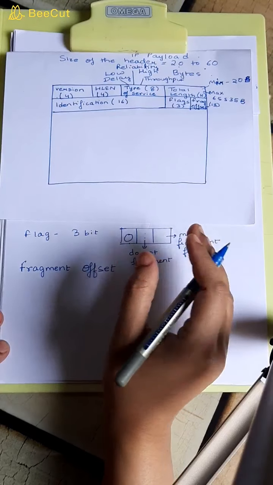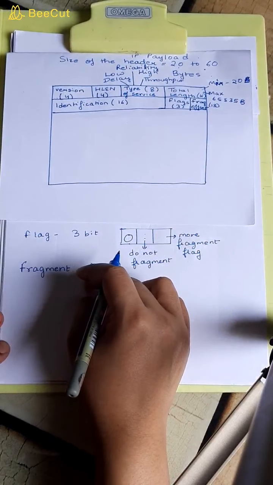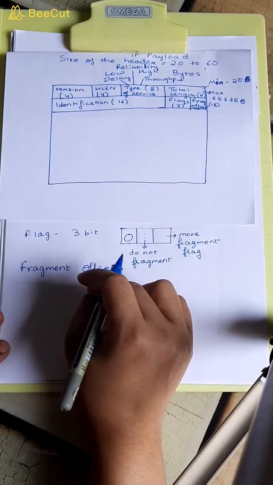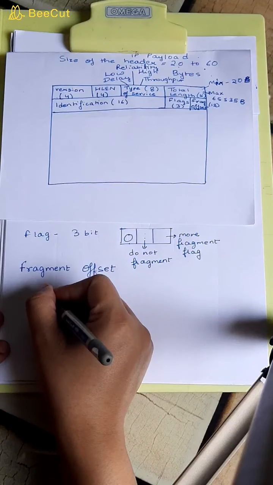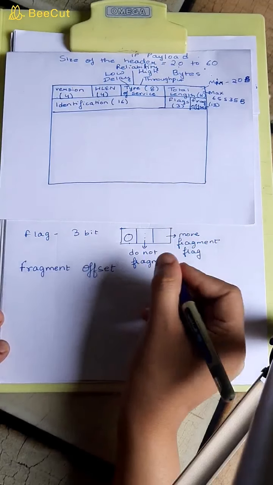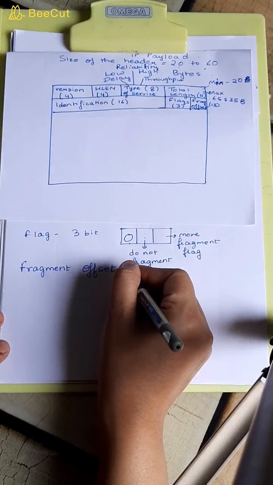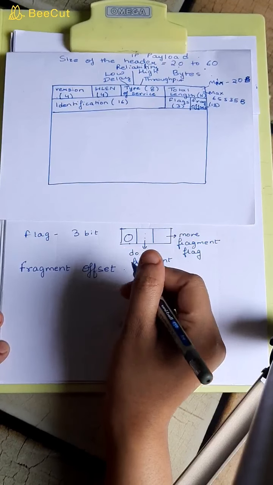Now what is the exact position of the fragment? This fragment offset is going to tell about this information. So it will tell about the number of bytes ahead your particular fragment is in a particular packet.